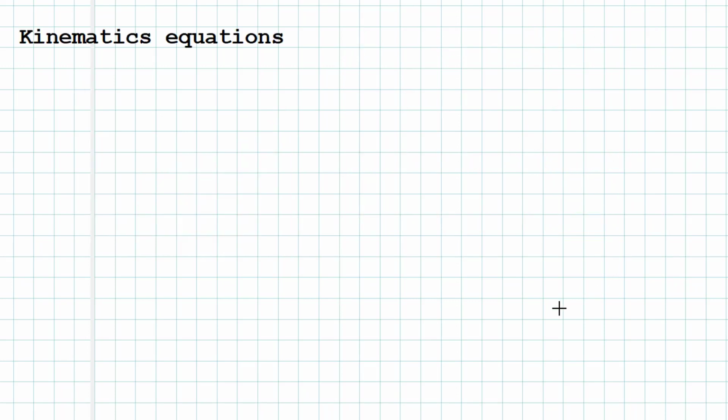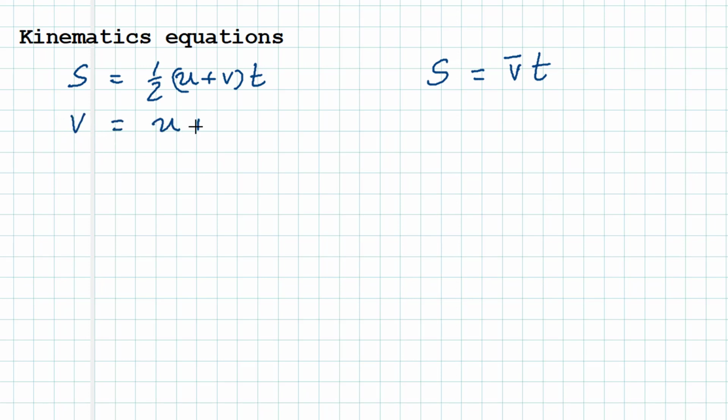Now, so far we have the following kinematic equations. We can put in the displacement s equal to 1/2 (u plus v) times t, and that comes from the fact that the displacement s equals the average velocity times the time. And we've also got v equals u plus at.